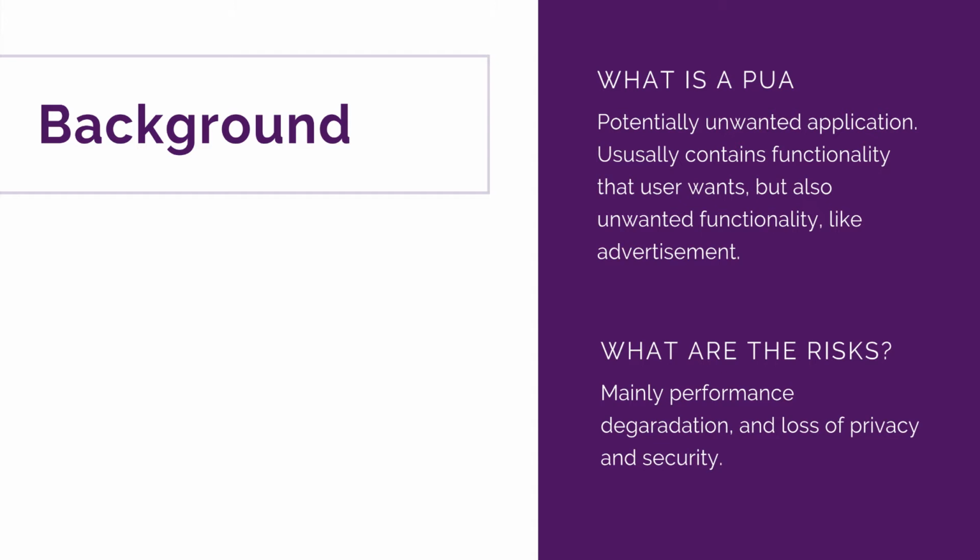It means a PUA is basically an application the user wanted to install, but in addition to the application he wanted to install, additional applications were installed and contained functionality which may be unwanted by the user. Notice the vague name for PUA, potentially unwanted.